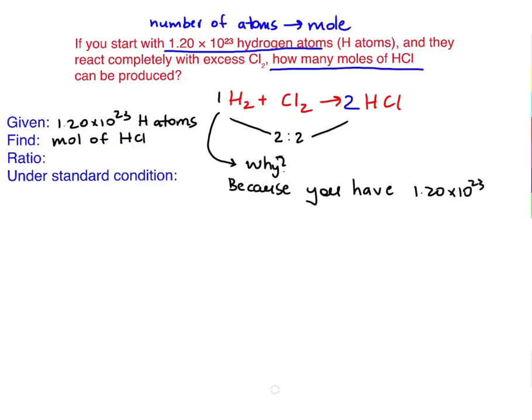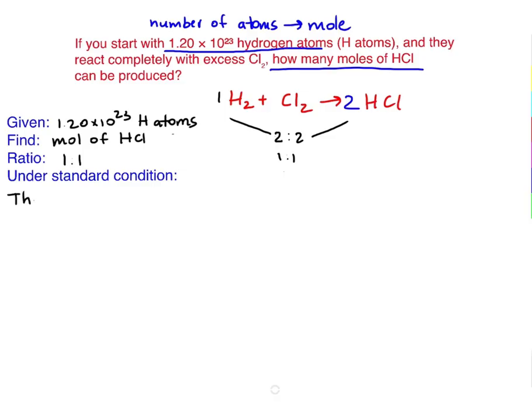That's why you write two there, and this is one of those exceptions. So that's why you write two. It's a 2 to 2. We can also write it as a 1 to 1 mole ratio, just for simplicity.